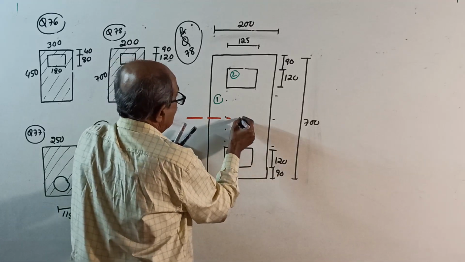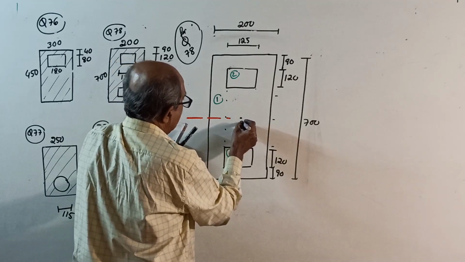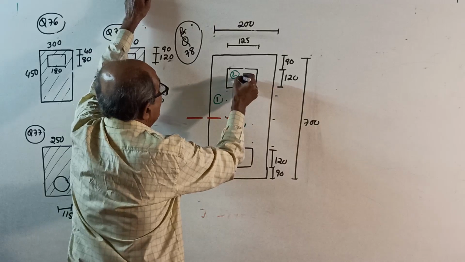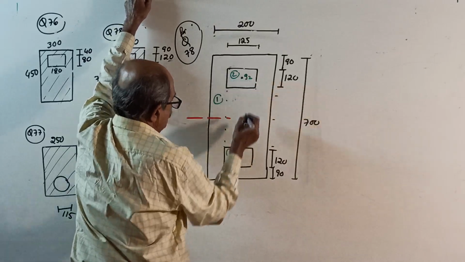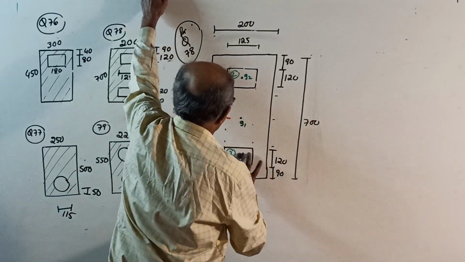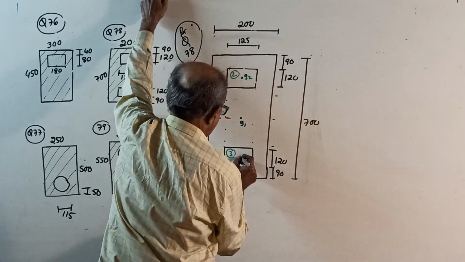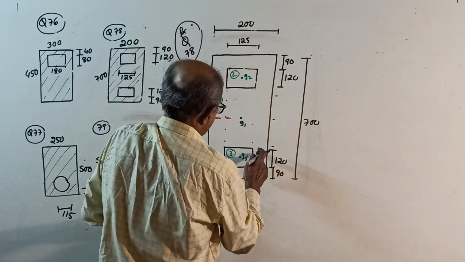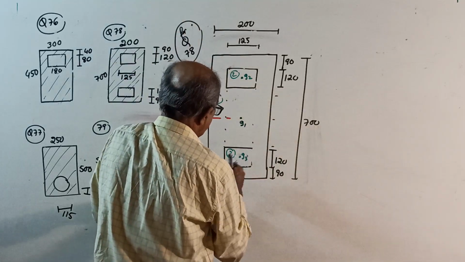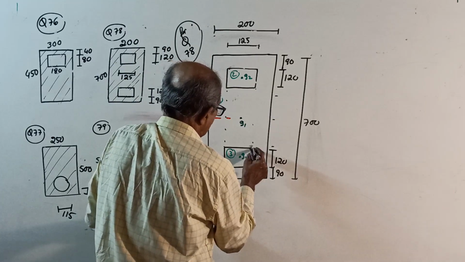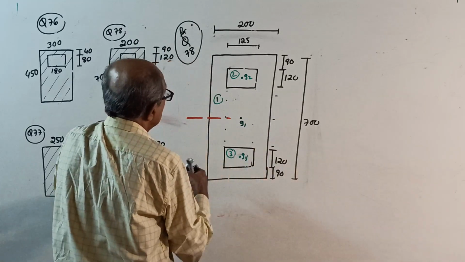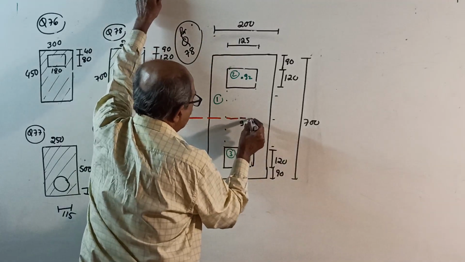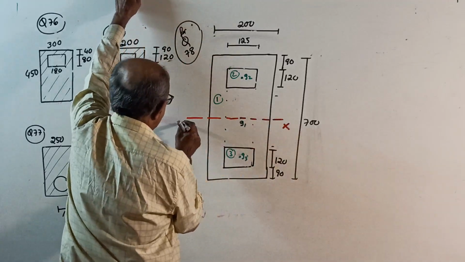This is the usual centroid G1 for the full rectangle. Centroid G2, centroid G3. They should come in the line. Little problem is there. Okay. Don't bother about those things. Out of scale. If you worry about it, there's a limit for everything.